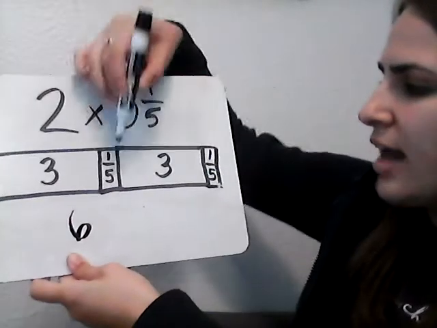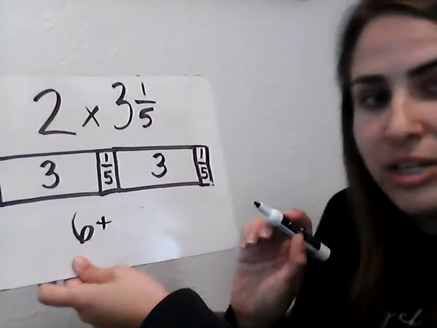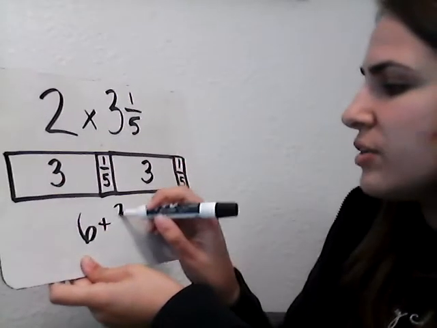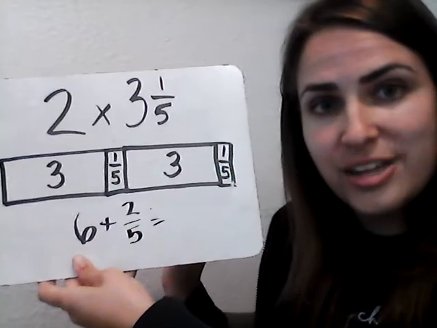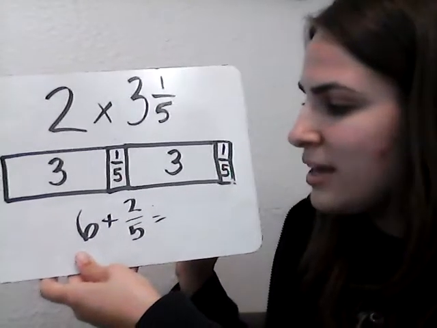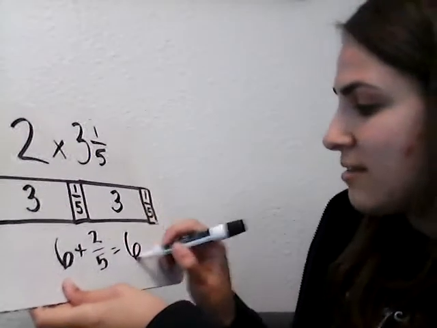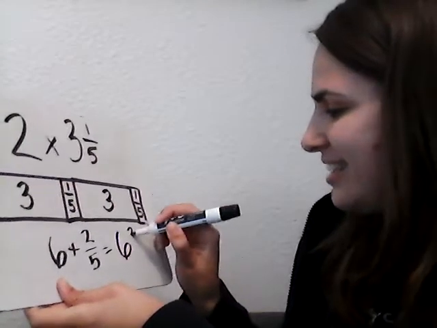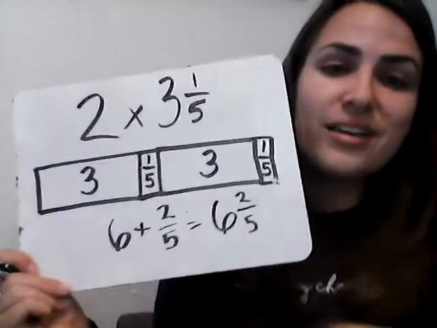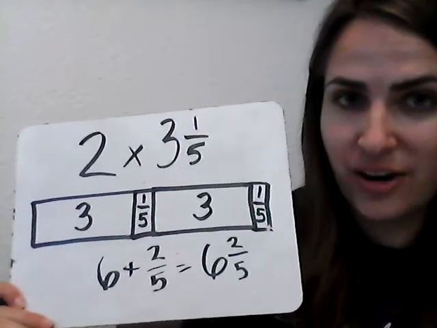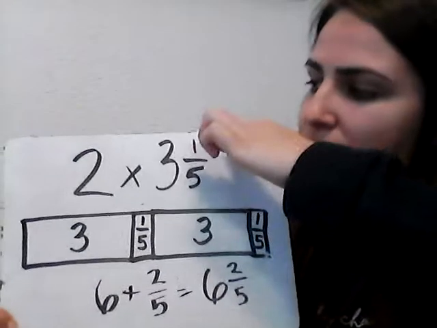And then we also need to add together 1/5 plus 1/5. 1/5 plus 1/5 is 2/5. So the answer that we get to our multiplication problem is 6 plus 2/5, which is, you guessed it, 6 2/5.